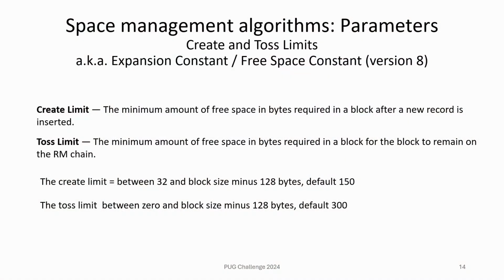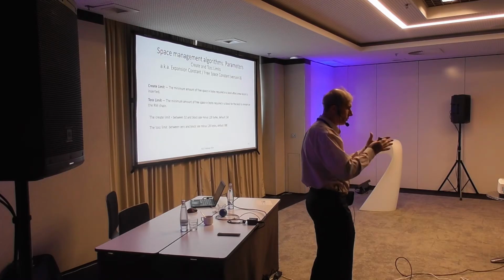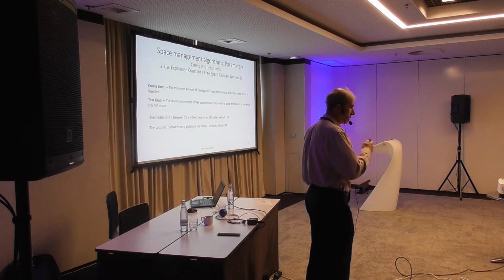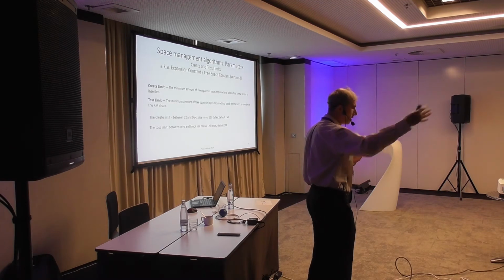And before I go forward, I need to remind you that there are two things called create limit and toss limit. Just a reminder, create limit is the space that should be left in a block when you create a record for the records to grow. And toss limit is the divider between the blocks on the RM chain and not on the RM chain.